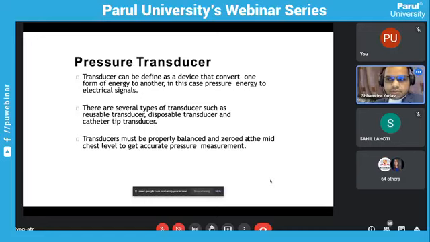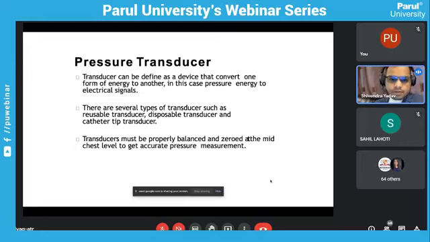Disposable transducers are the ones used in the intra-aortic balloon pump, which is always fixed for one patient and then we can discard it. Catheter tip transducers are nowadays more in usage, especially with advanced IBP machines.